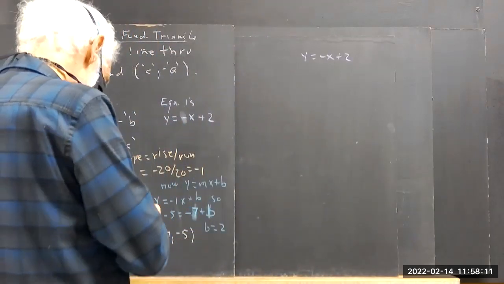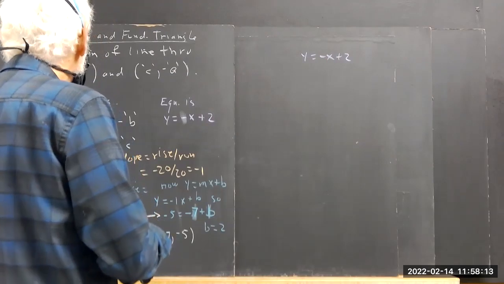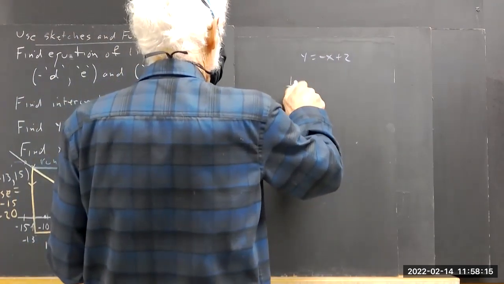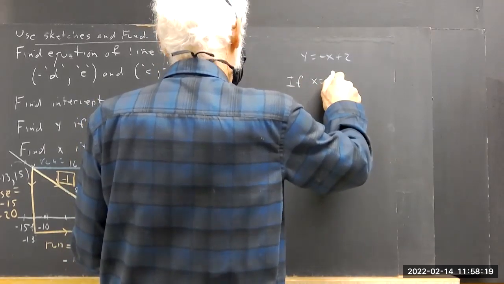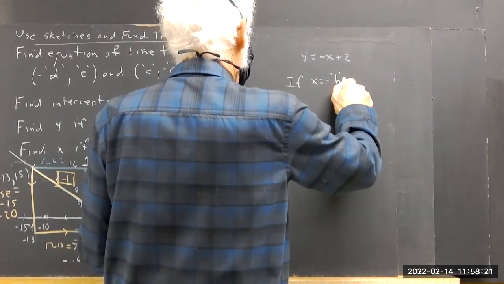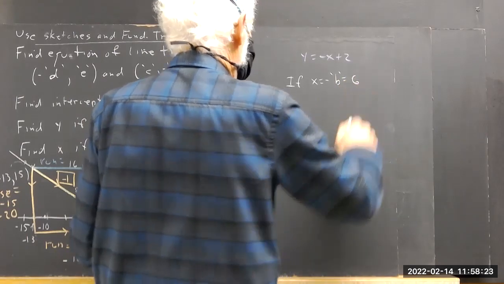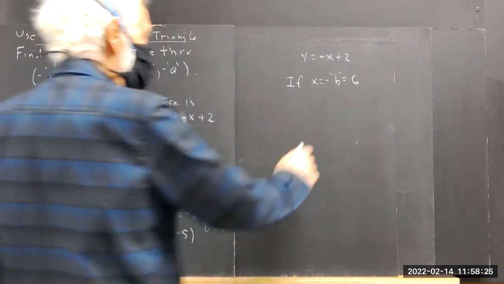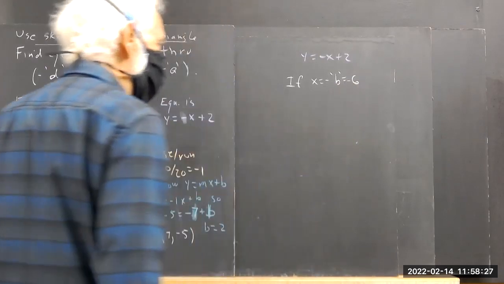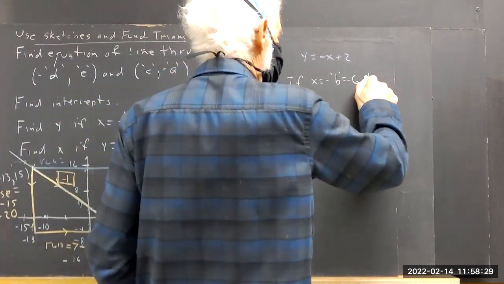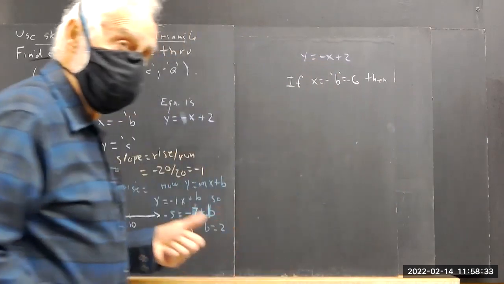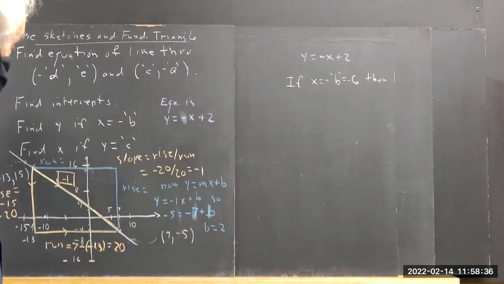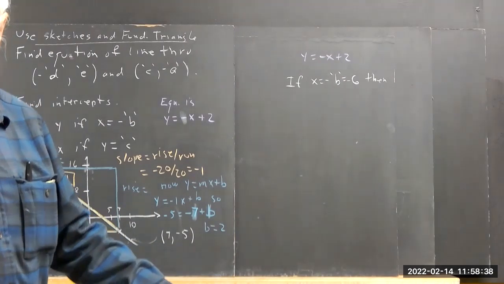So let's say b is 6, so that x equals negative b, which is negative 6. Then the equation tells us, because now we have an equation, everything you need to know about the line if you know how to use it.